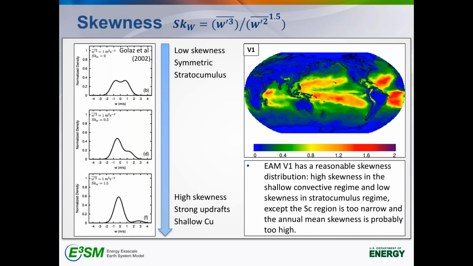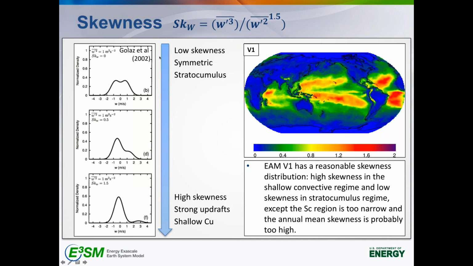So to deal with that, I am trying this. I found that skewness is actually very important in the cloud formulation to simulate clouds. This is a figure taken from Chris's 2002 paper, showing the PDF of the perturbation vertical velocity.